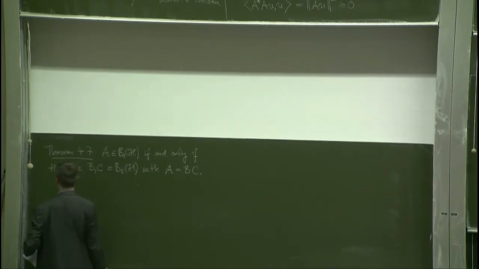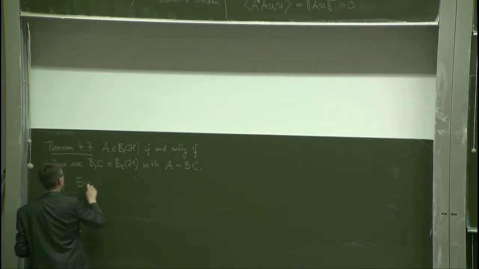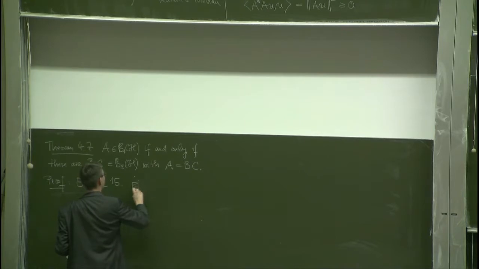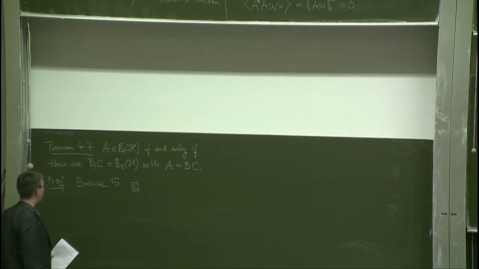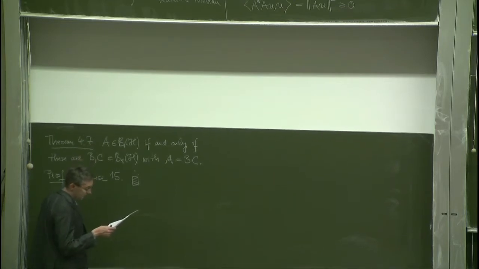And this is again an exercise, so the proof of this is on the exercise sheet for today, and it's exercise 50. So you can prepare this until next week, and then we will discuss the solution.